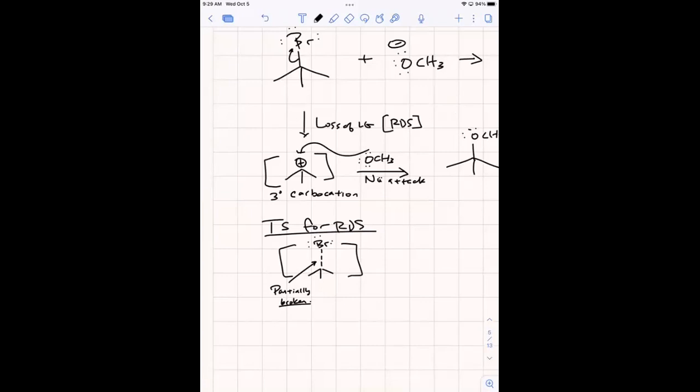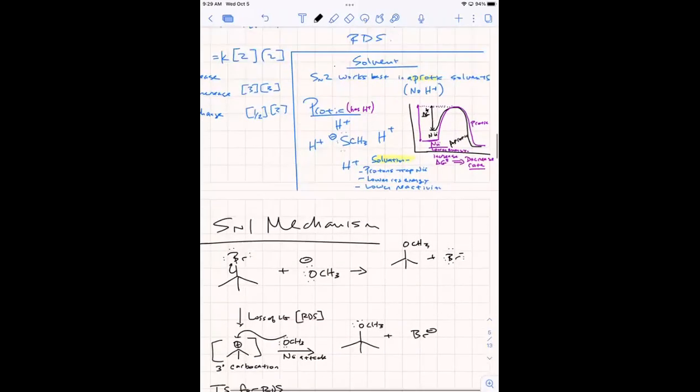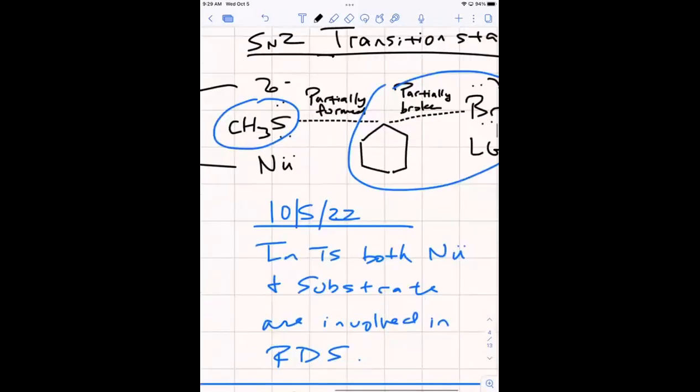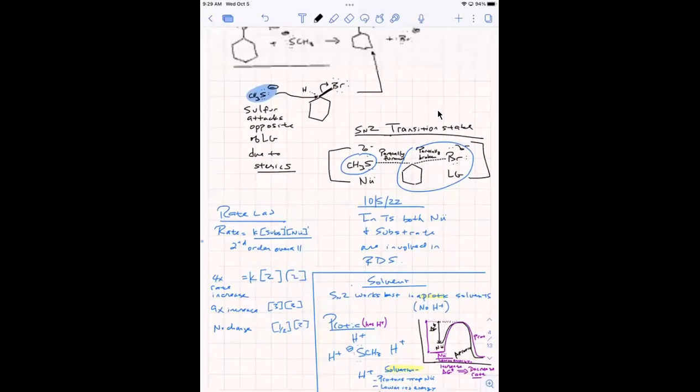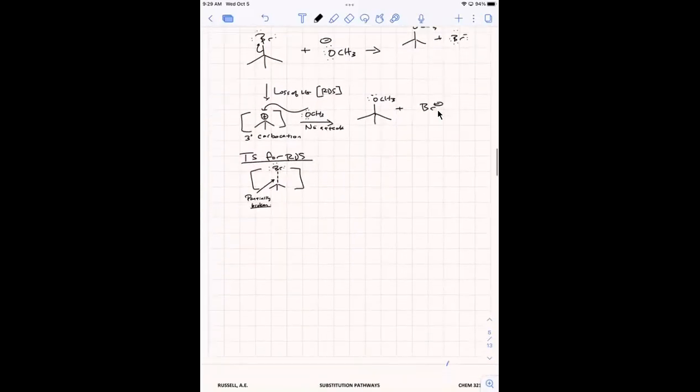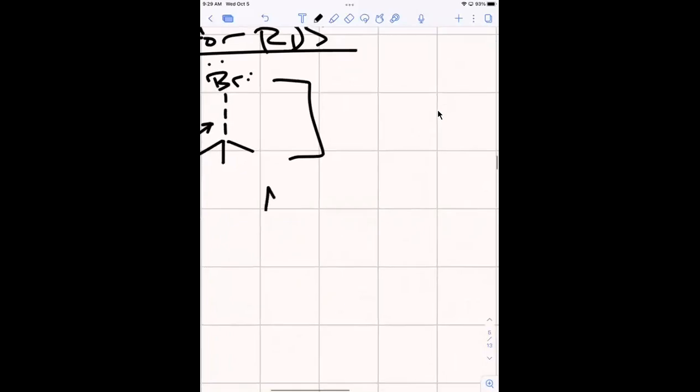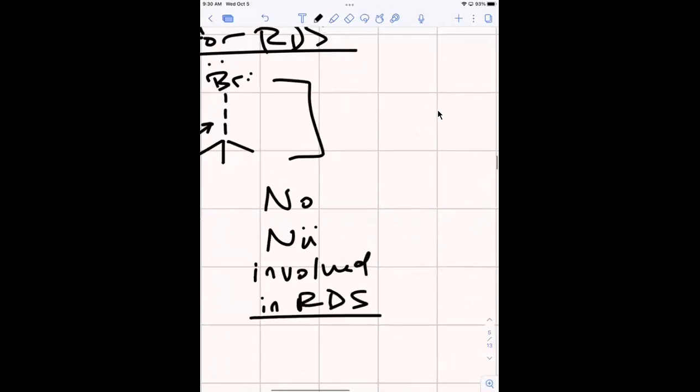So the SN2 is concerted, right? Let's go back up to here. Remember, we showed that. So both the nucleophile and the substrate are involved in that transition state, right? Because it's all happening at once. The reason I'm asking that is because it matters when we talk about the rate law, right? So there's no nucleophile involved in the rate determining step.